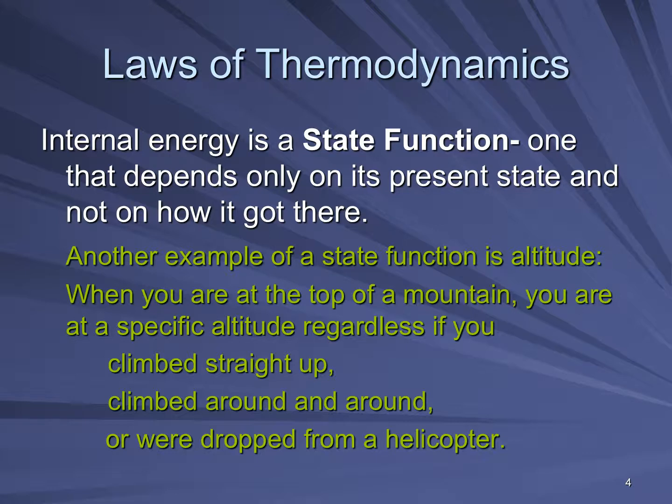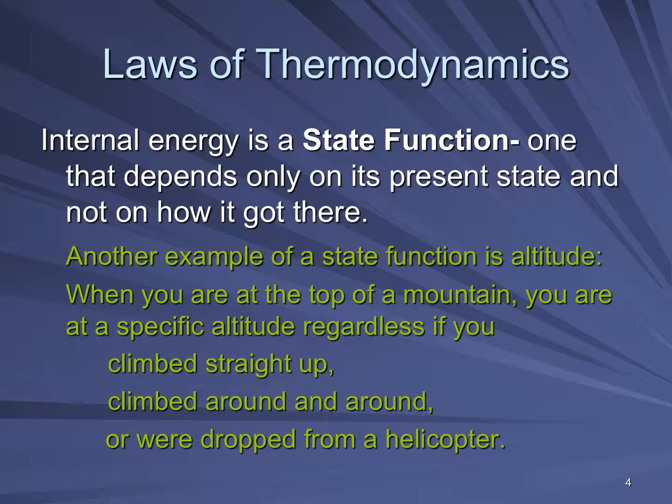It doesn't matter if you climbed straight up the mountain, or if you drove up the mountain, or if you hiked and went round and round in circles all the way to the top, or if a helicopter dropped you at the top. No matter how you got to the top of the mountain, you would be at the same altitude. So altitude is a state function.